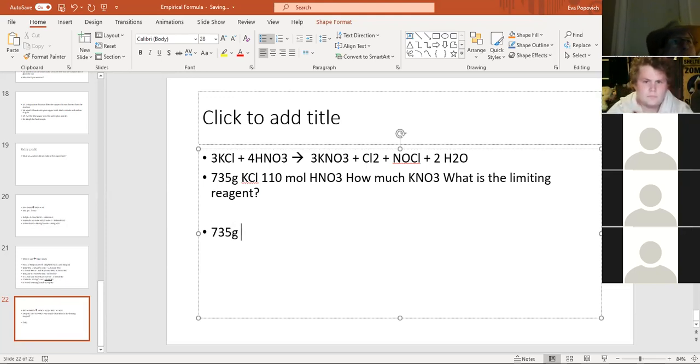So I got 735 grams. Sheridan, how do I get moles out of this number of grams? You would put 1 mole on the top and then the molecular weight on the bottom.